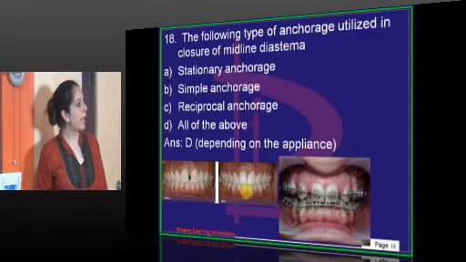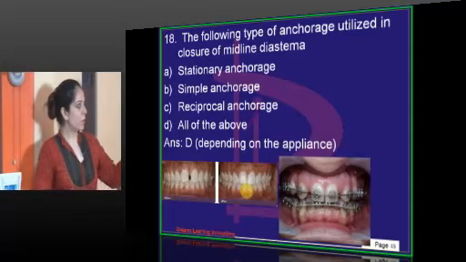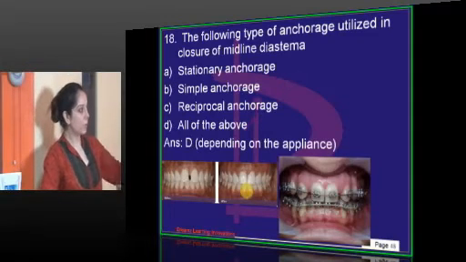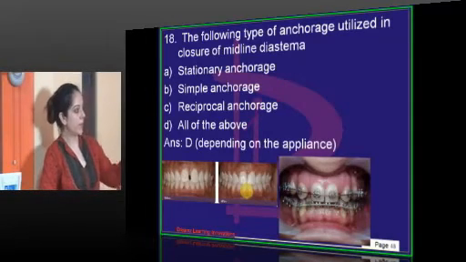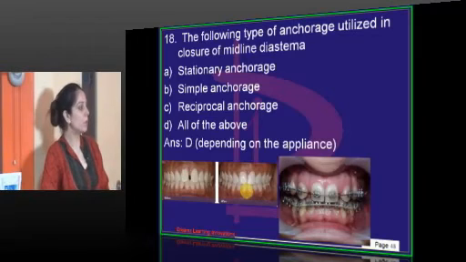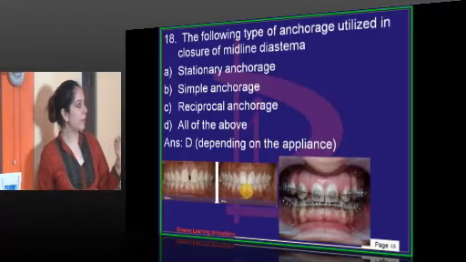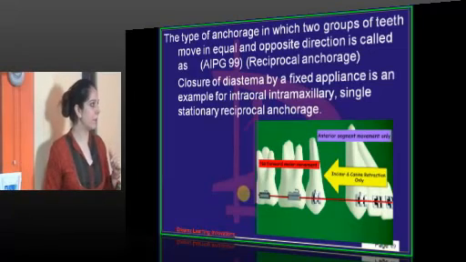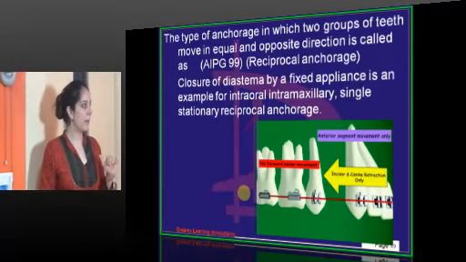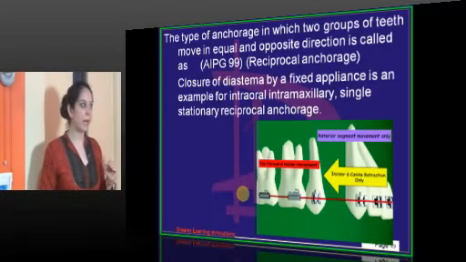The following type of anchorage utilized in the closure of a midline diastema is, you might say it might be reciprocal anchorage, but you can say all of the above when the type of appliance is mentioned. So, if the type of appliance is mentioned like a fixed appliance, it can be reciprocal. Otherwise, if you see the examples, closure of diastema by fixed appliance is an intraoral intermaxillary appliance. It can also be classified as a single stationary reciprocal anchorage.